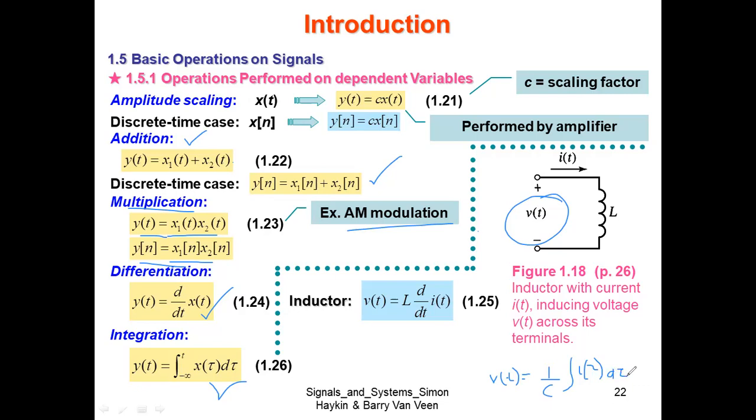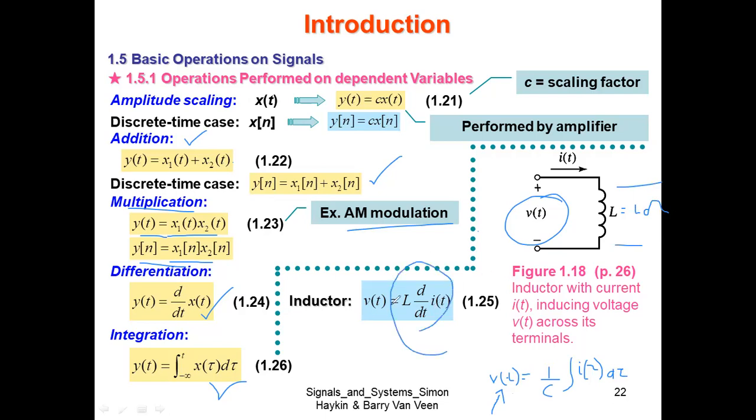That means if you give a current to a capacitor, the output that you are going to get, the voltage across the capacitor, is going to be an integrated output. Similarly, in case of an inductor, what is it? L di by dt. The voltage across an inductor is given by L di by dt.